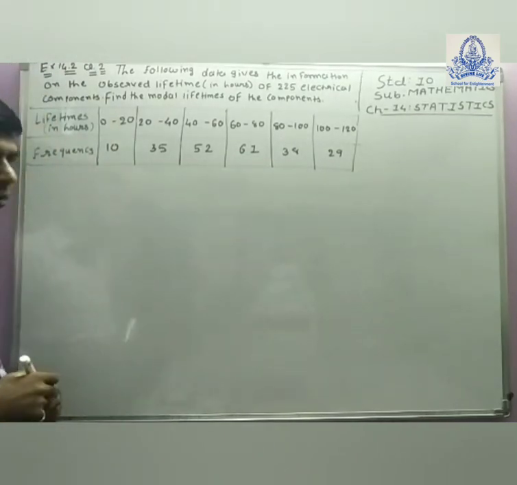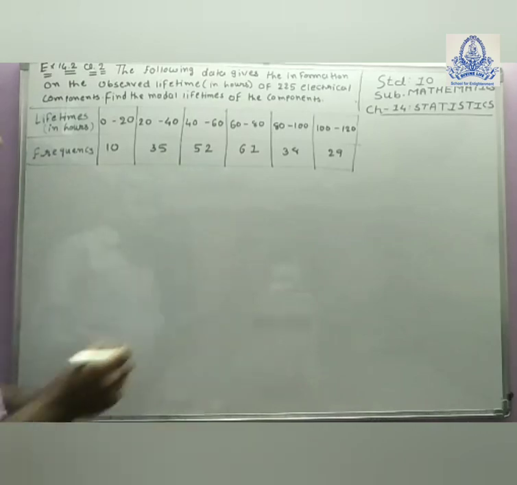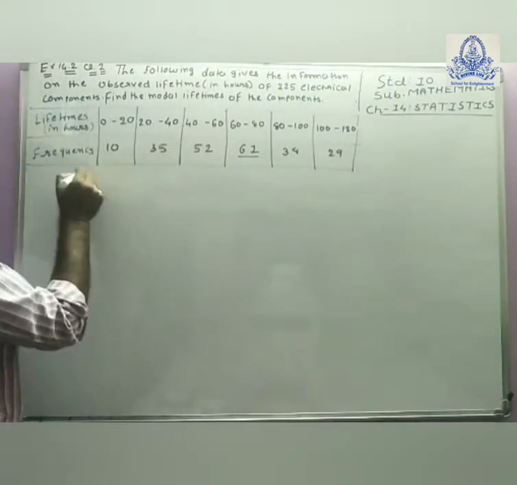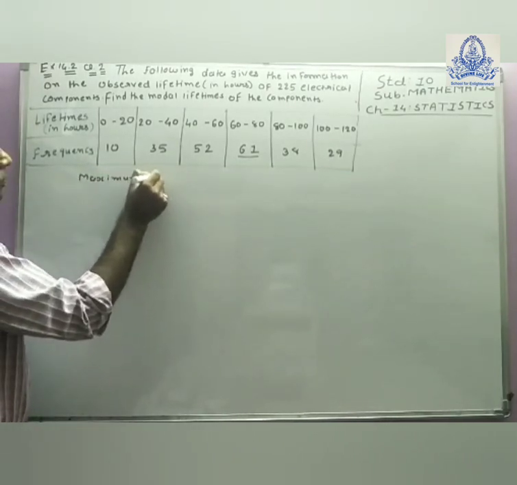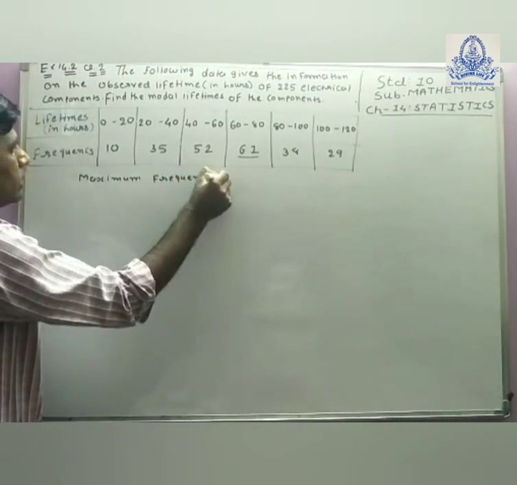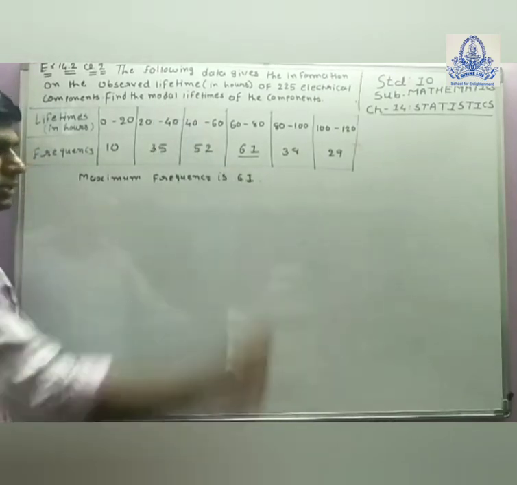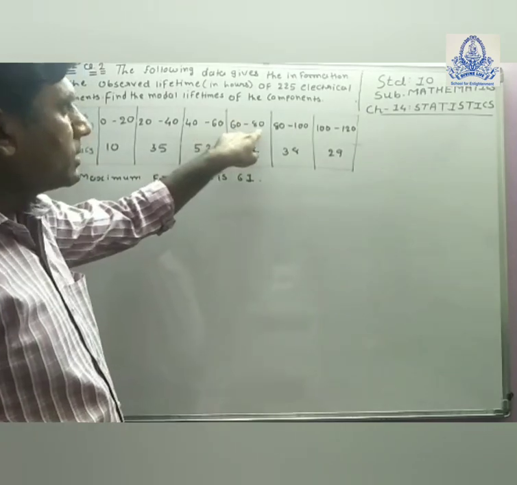So first of all, if you want to find the mode, then we have to find the maximum frequency and modal class. So here our maximum frequency is 61. Maximum frequency is 61, and its corresponding class is 60 to 80.